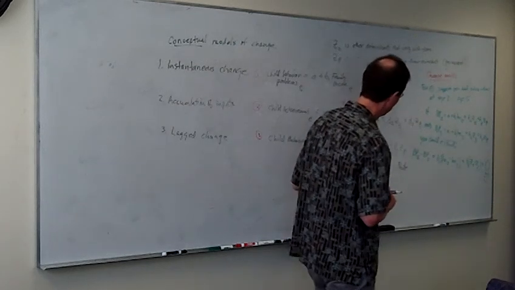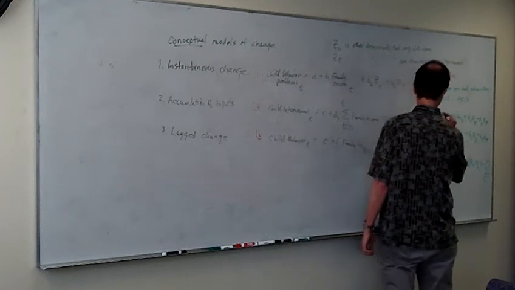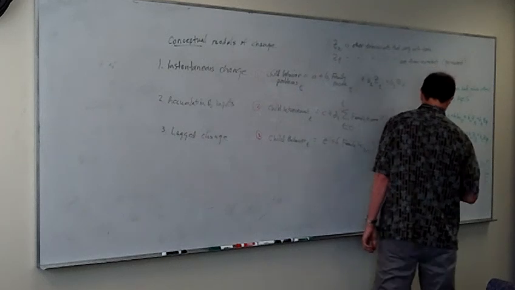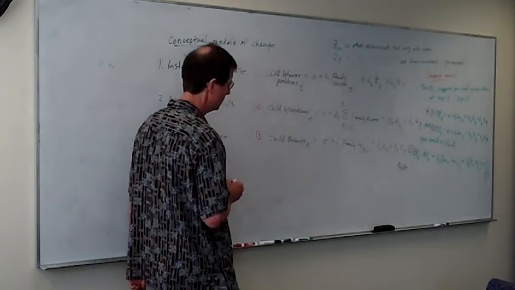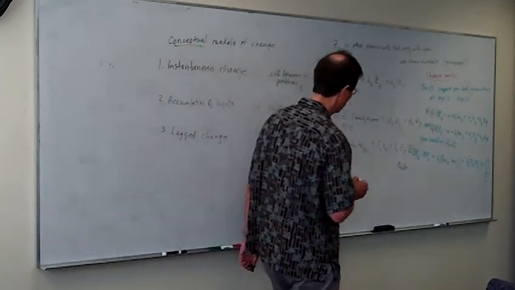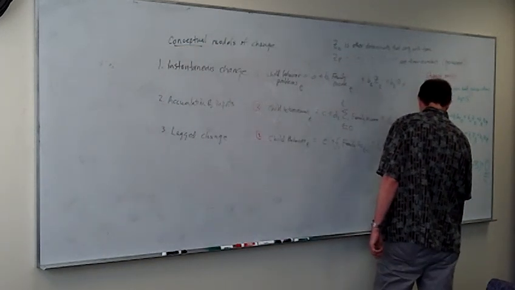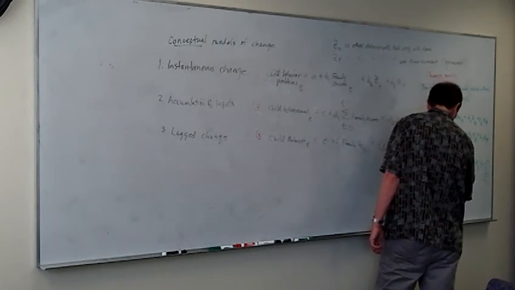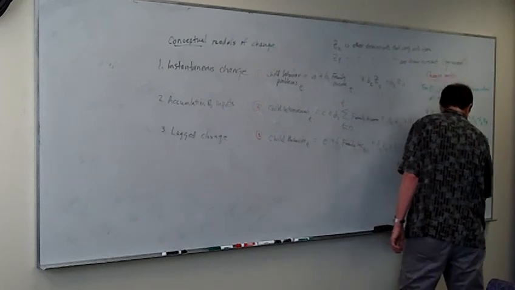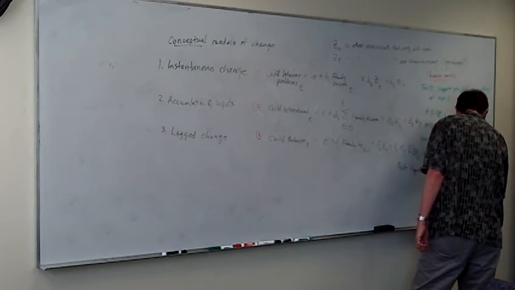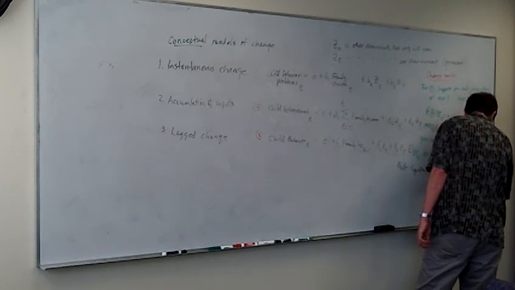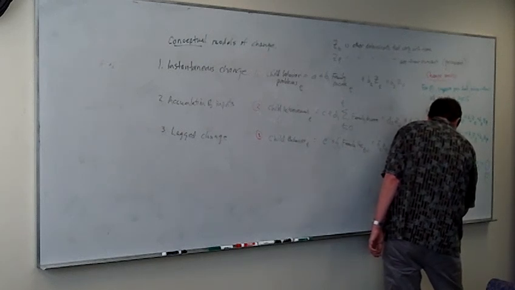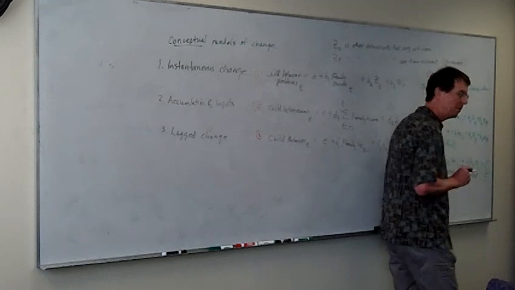So two things to note here. Let's call this equation A, equation B, and equation C. First thing to note is that equation C is not plagued by omitted variable bias from ZP.